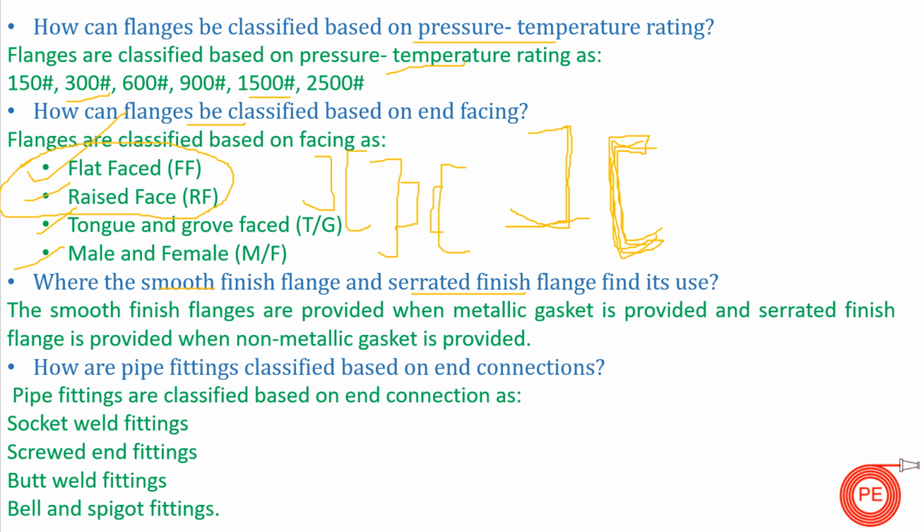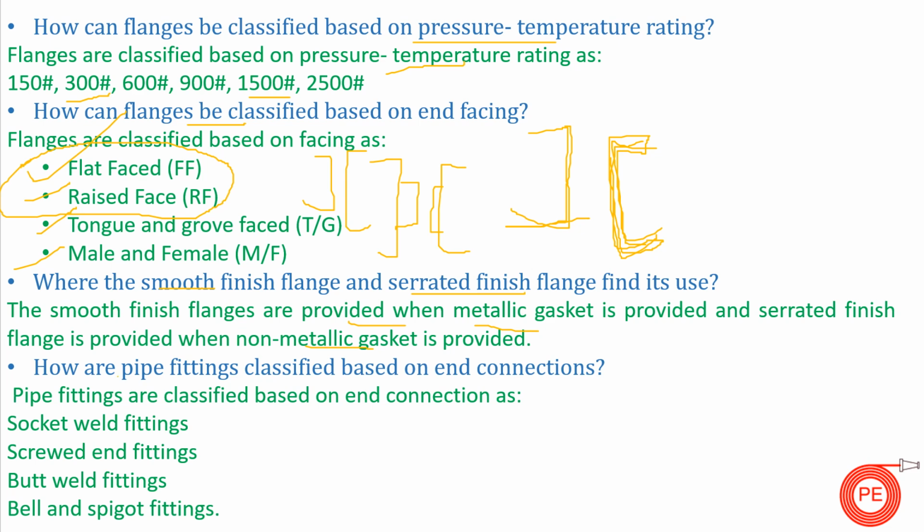Basically, smooth flanges are provided when we use a metallic gasket, and serrated flanges are used when a non-metallic gasket is provided. This is one of the basic questions which an interviewer can ask you when you are going for an interview as a piping engineer, a piping supervisor or a piping fitter.